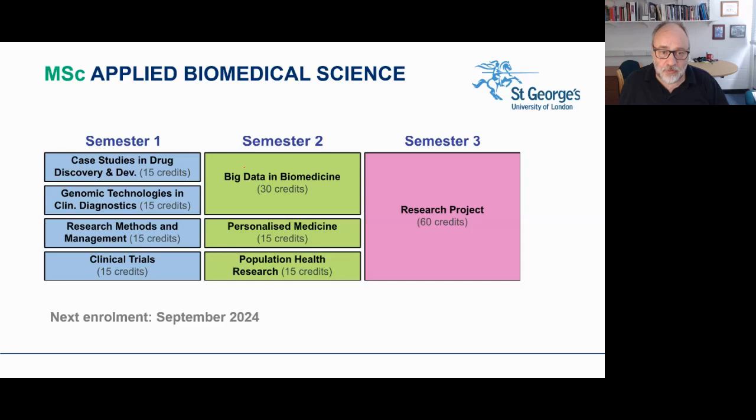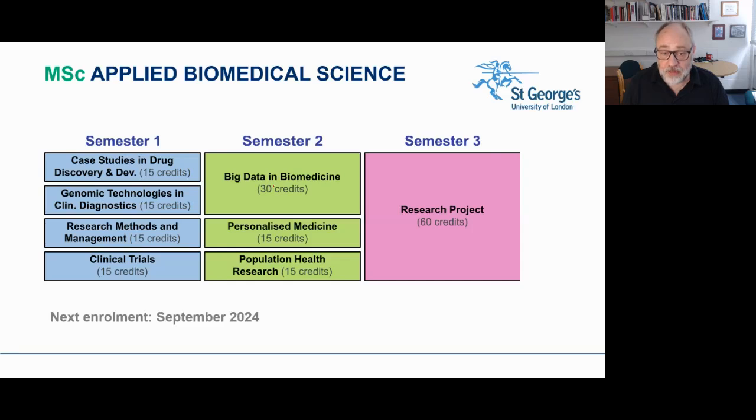In semester 2, we have a 30-credit module called Big Data and Biomedicine. In this module, you will learn how to analyze mainly genomics data, functional genomics data, such as RNA-seq, microarray data, ChIP-seq data, for example, but also microbial genomics and human genomics data as well.